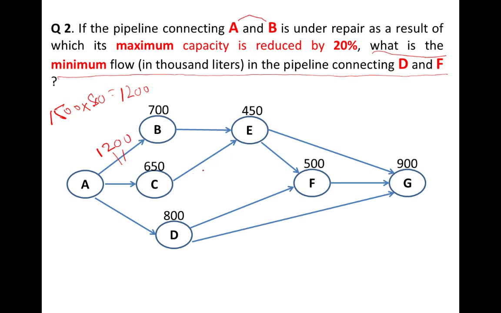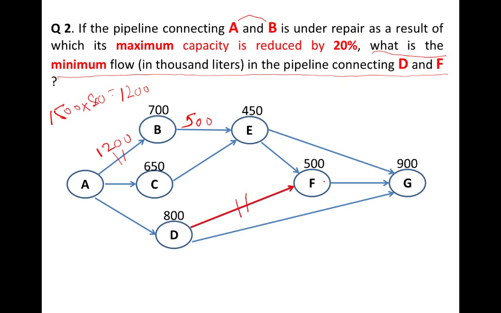Let's identify the pipeline connecting D and F. So this is the red one, connecting D and F. I need to find out the minimum flow in this pipeline. Let's see the pattern of the flow. Now A to B, we know the capacity is 1200, where 700 is the requirement of B. So the remaining 500 will pass on to next.